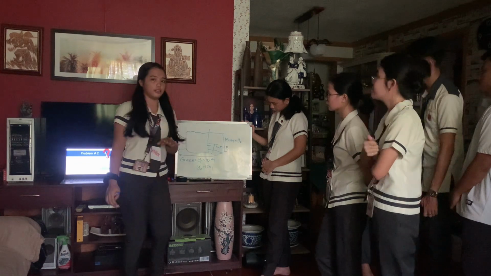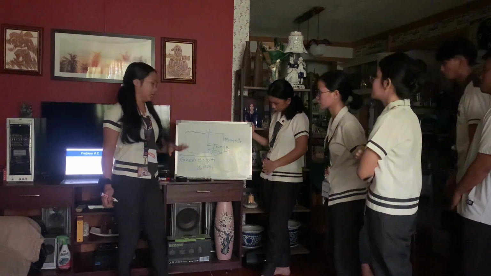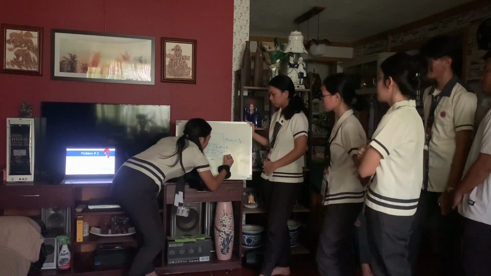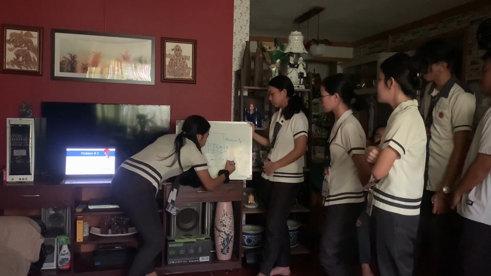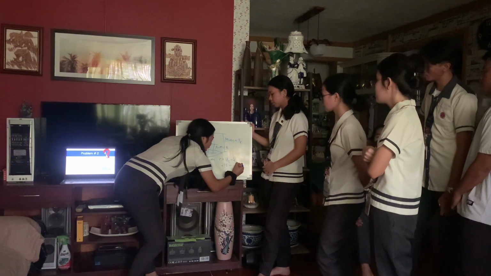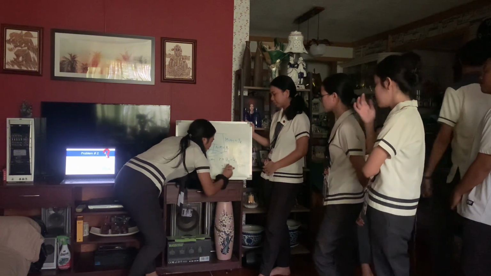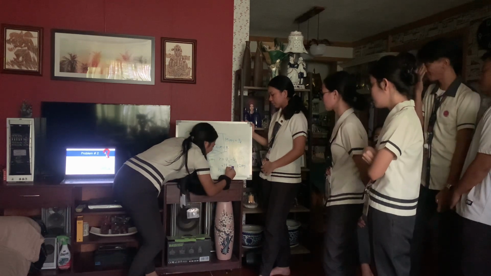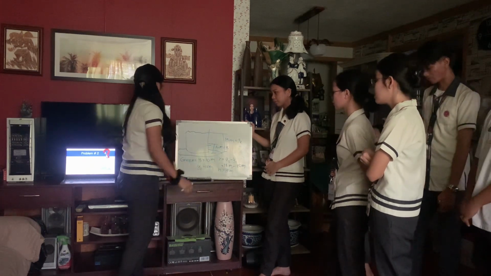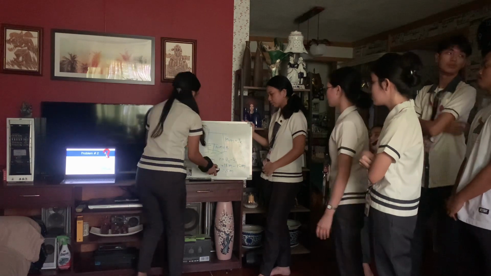Again, as Angel discussed earlier, the height equals Y sub 2 minus Y sub 1. Y sub 2 is 15 meters and Y sub 1 is 10 meters, so our height is 5 meters. So let's proceed to the solution.